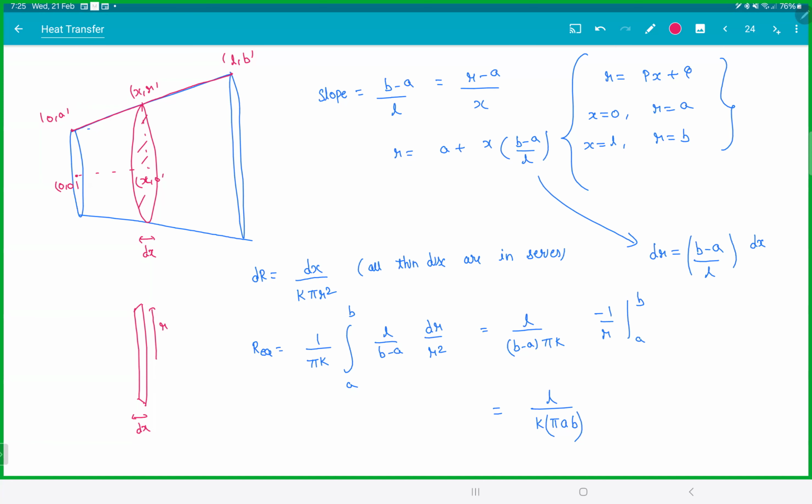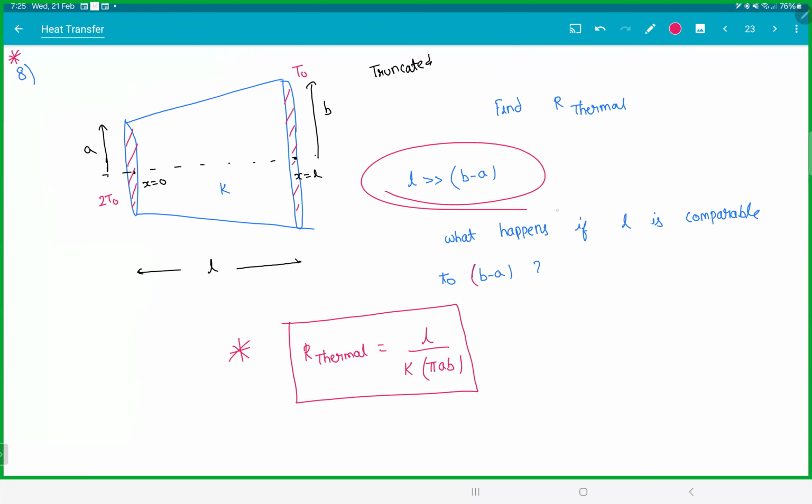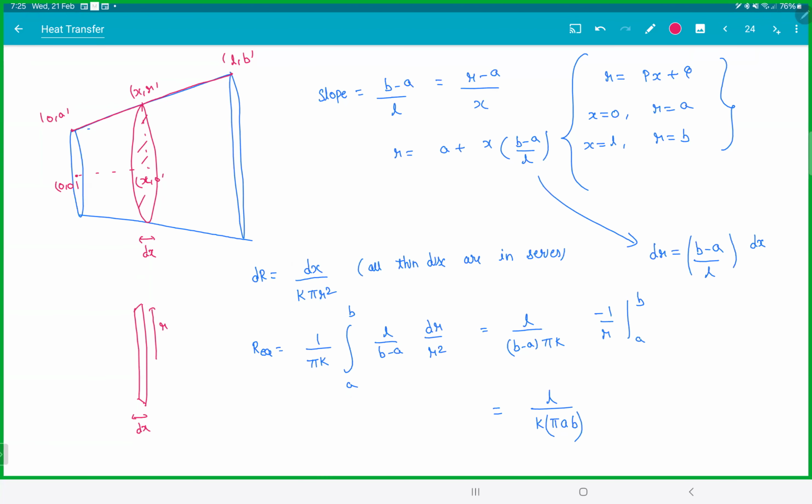Question still not over. Why is this important? Why must L be greater than B minus A? What is the catch of that? This is valid if the length is much greater than B minus A.